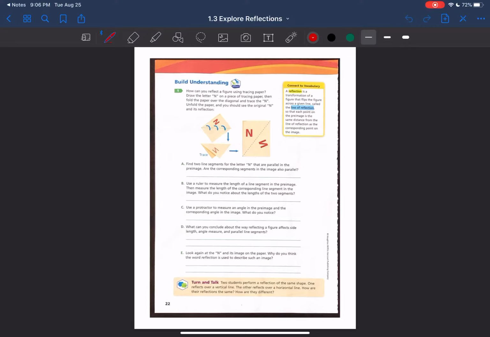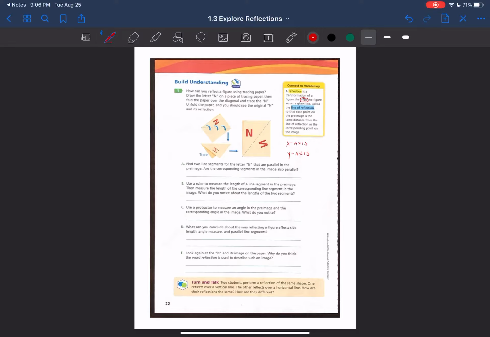Right, so the key thing here is with a reflection, the word that we're looking at is it is a flip of the figure. And in the case of our lesson in pre-algebra, our line of reflection is either going to be the x-axis or the y-axis. All right, so whenever you see the word flip, think reflection.